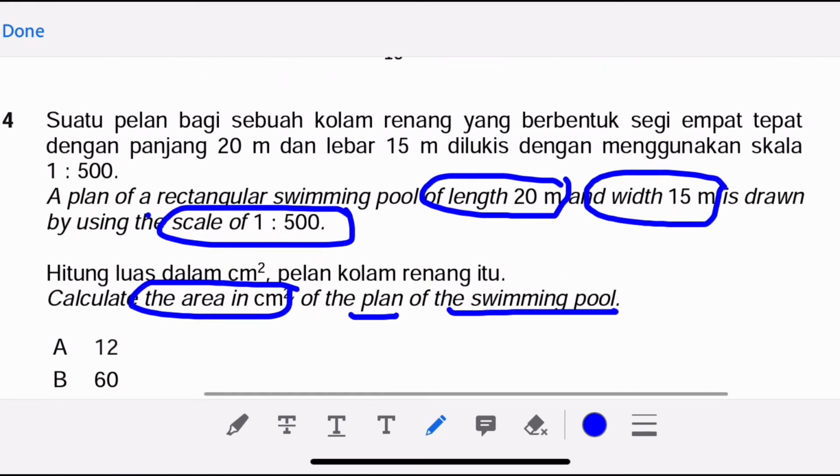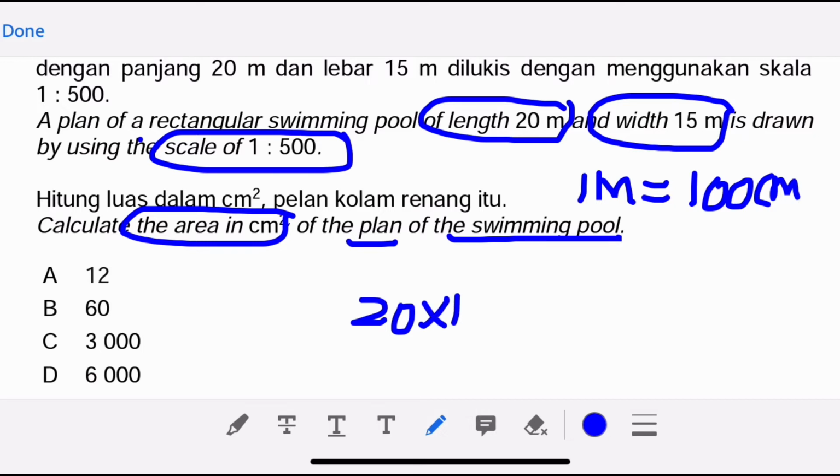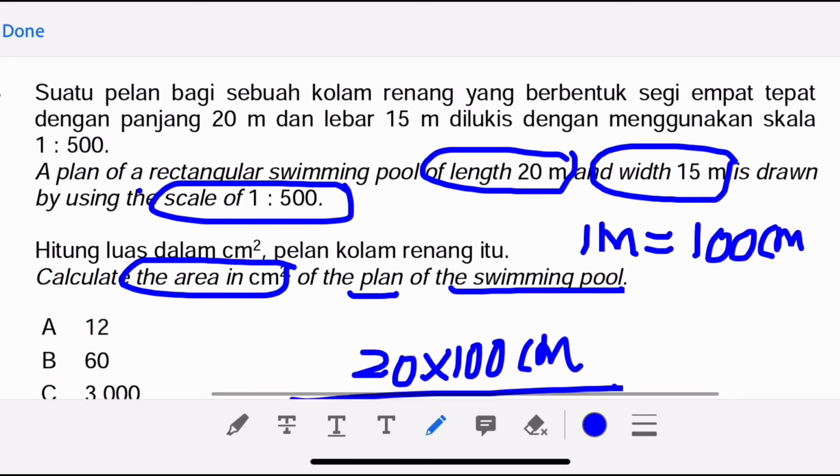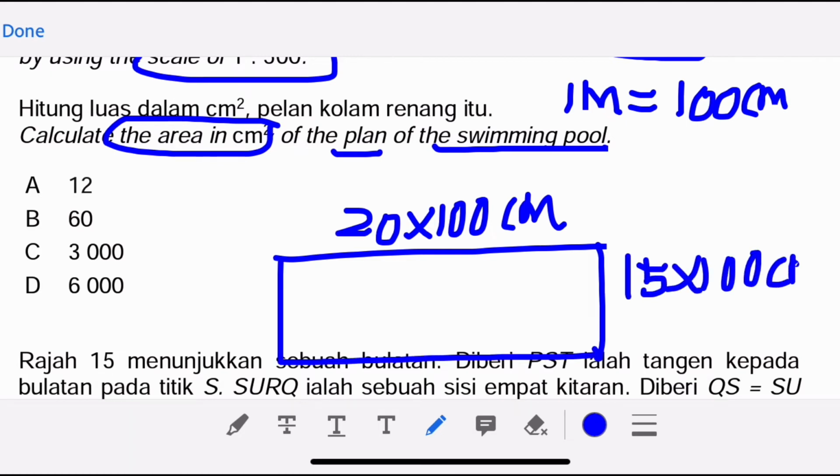We have 20 meters and 15 meters. 1 meter is 100 centimeters. So 20 meters will be 20 times 100, 2000 centimeters for the length, and for the width, 15 times 100 centimeters.